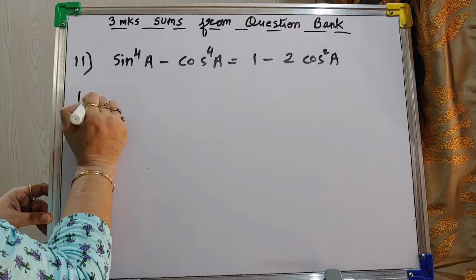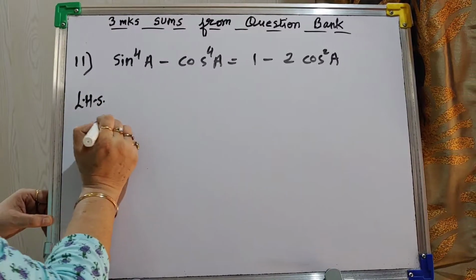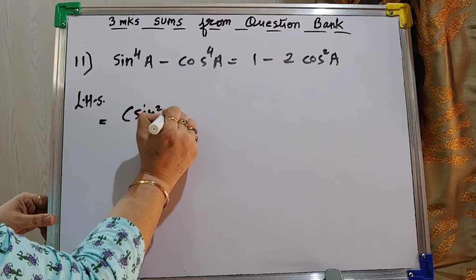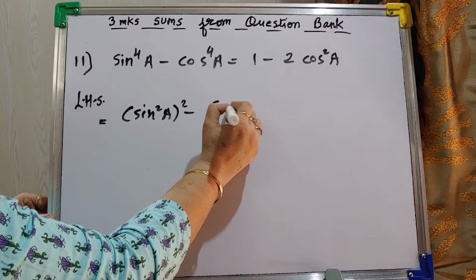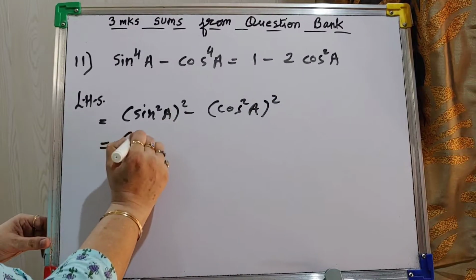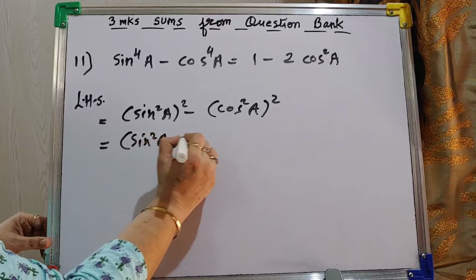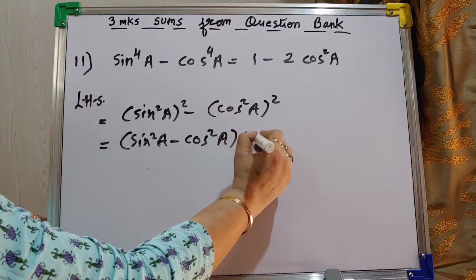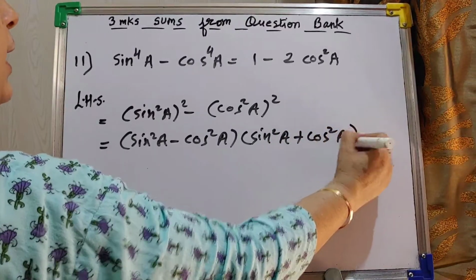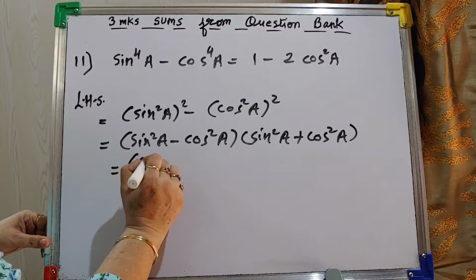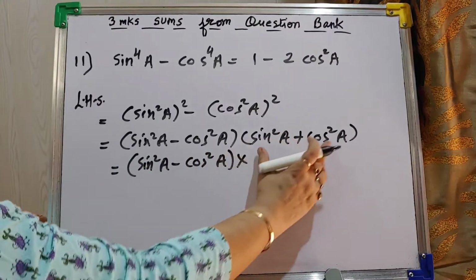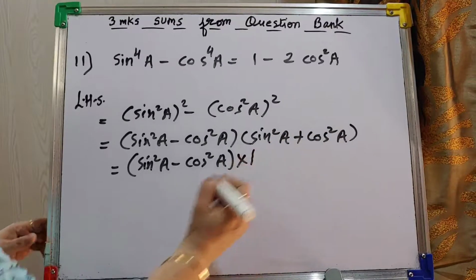Now see, in the 11th sum, sin raised to 4A. It means it is square of sin square A. This is square of cos square A. It's like A square minus B square. So it will have two brackets, sin square A minus cos square A, sin square A plus cos square A. Now, sin square A plus cos square A, you know this is according to first identity, it is 1.